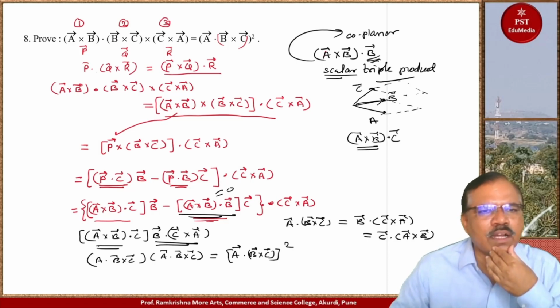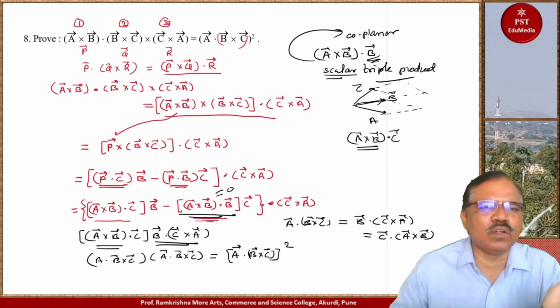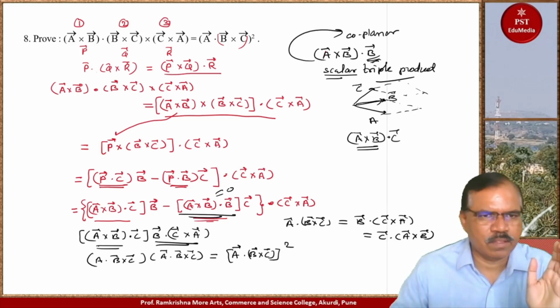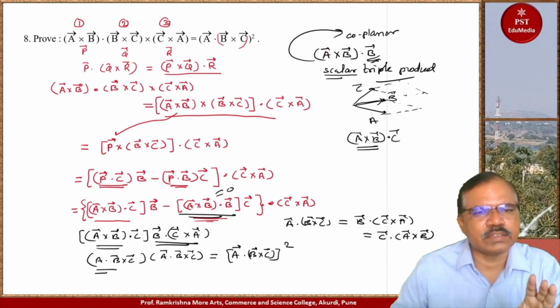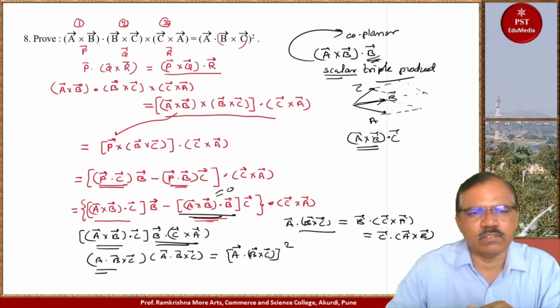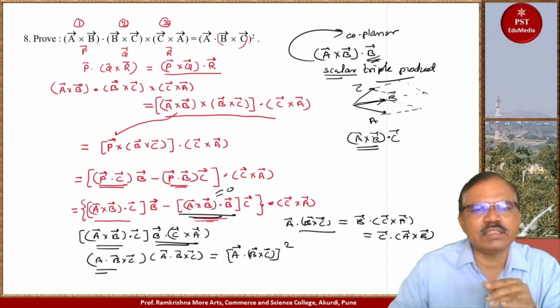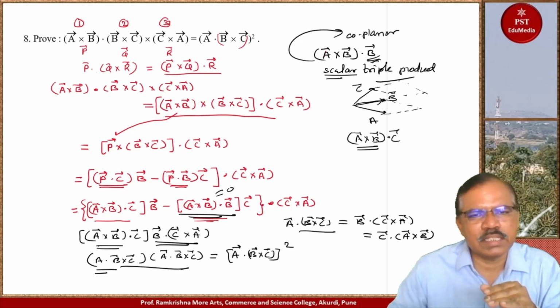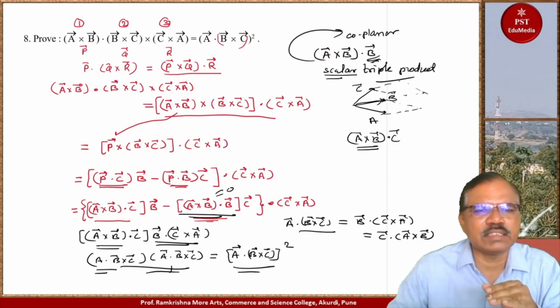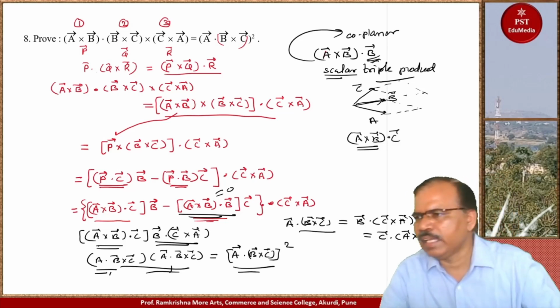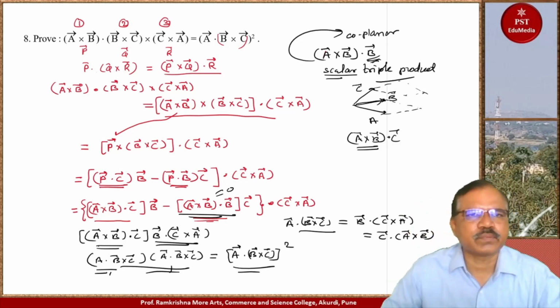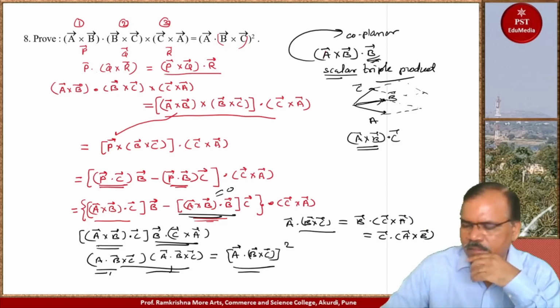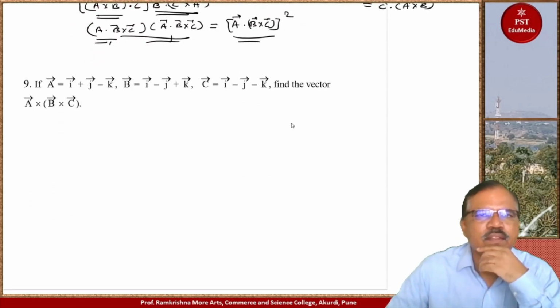So here C dot A cross B is equal to A cross B dot C, that I have written like this, A dot B cross C, using this one. And B dot C cross A we can write as A dot B cross C. So both are the same, so square of that, because these are scalar quantities. So in this way we have proved this.